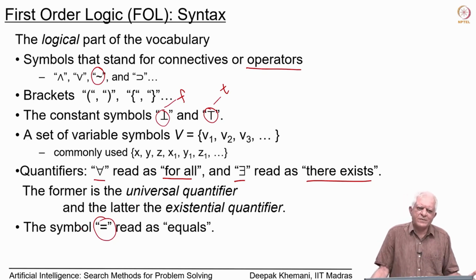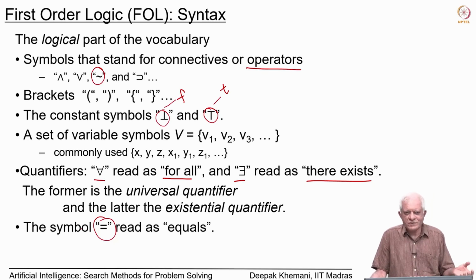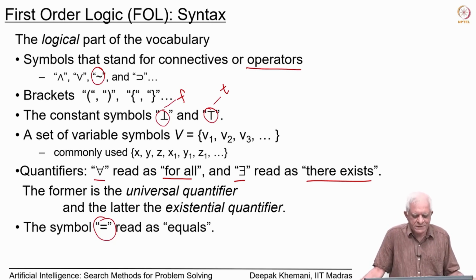What are these properties? The properties are reflexivity, that x is always equal to x, or symmetry, if x is equal to y, then y is equal to x, or transitivity and so on. So, there are certain axioms associated with equality. So, if you are using equality as a symbol in your language, you must pull in those axioms as well, but we will leave it here for the moment.